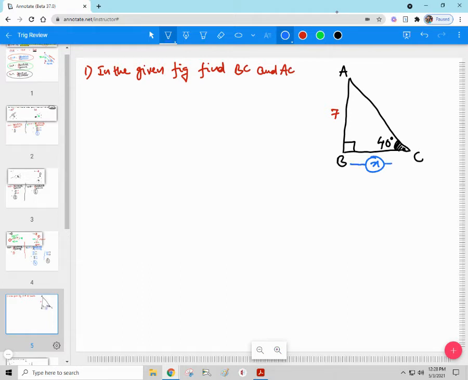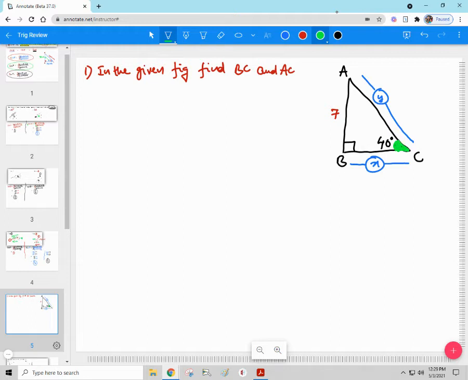I'm assuming that this is X and this one is Y. Then you have to understand what the given values are. I see that angle C is given as 40 degrees. So you know the angle.